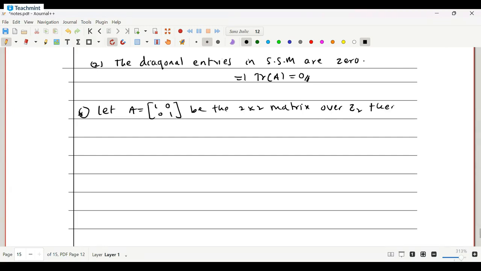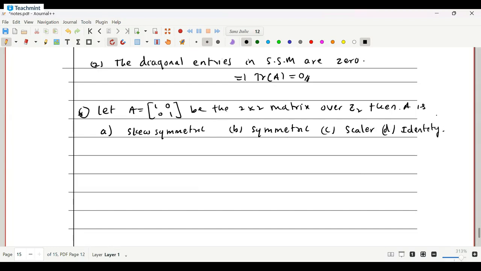Then A is dash. Options: A, skew symmetric; B, symmetric; C, scalar; D, identity.